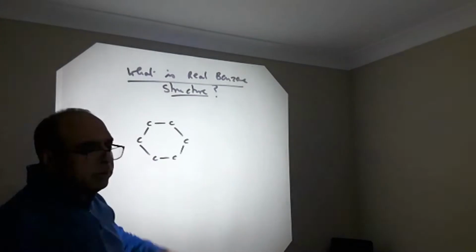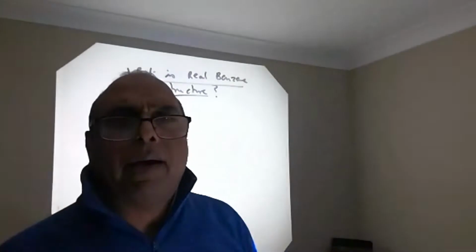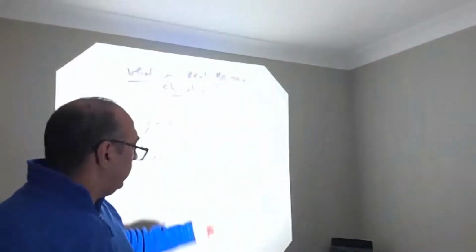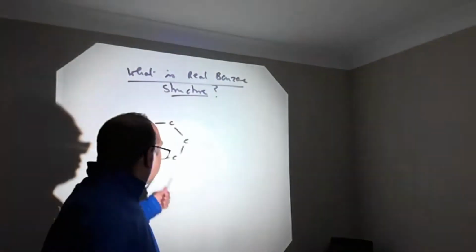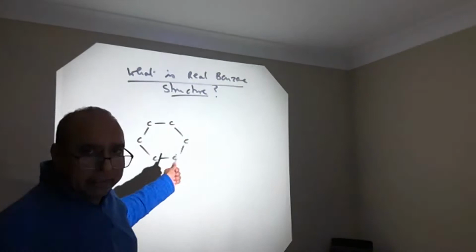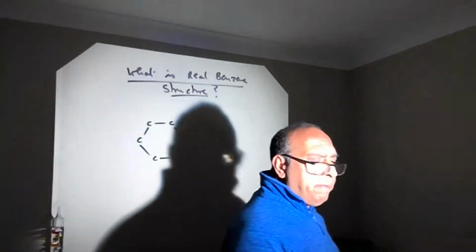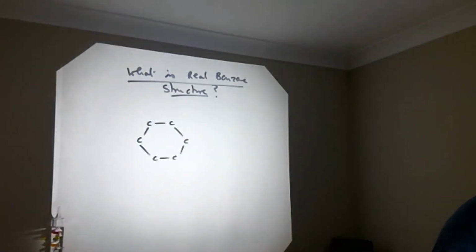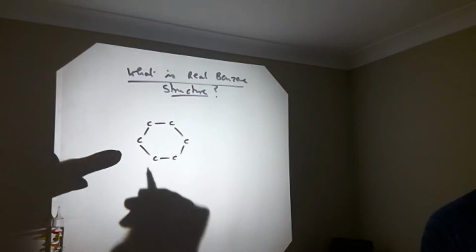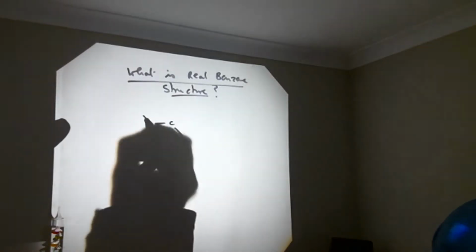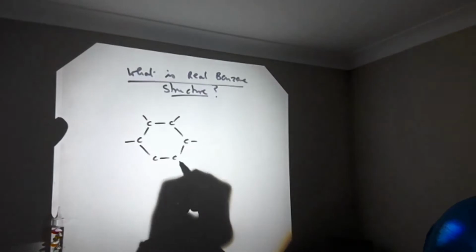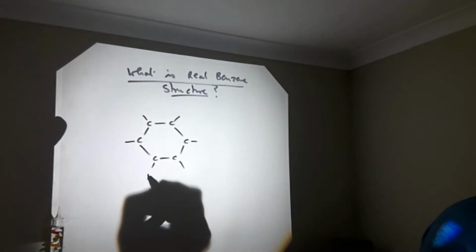So I suppose I may have said 1 earlier, I mean 2. Each carbon uses 2 electrons to make that hexagonal structure, and they're what we call sigma bonds. They're direct overlap of orbitals. And coming off each carbon, again, we've got more sigma bonds, again, direct overlap of orbitals.